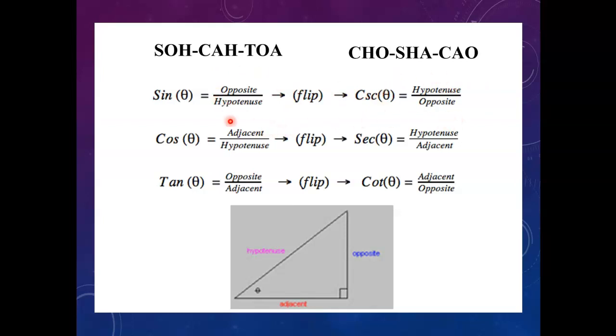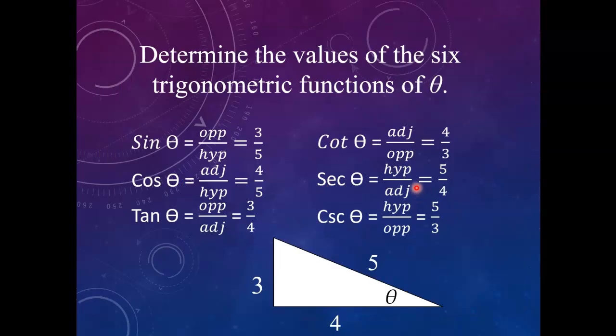The same way with cosine and secant, they are reciprocals also. And tangent and cotangent are reciprocals. So, you may just remember the first three, then don't forget that sine is paired up with cosecant, its reciprocal. Cosine is paired up with secant, and the same way with tangent and cotangent.